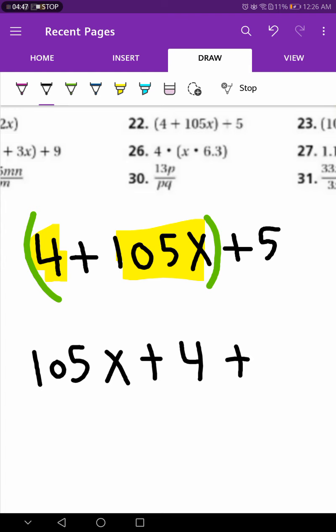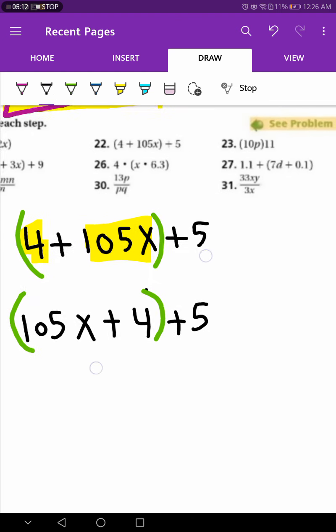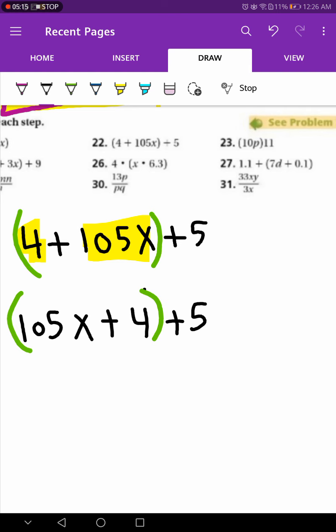by using what? The commutative property that allows me to put them near each other. Why? To simplify the expression. Now we have parentheses, we just move them, and let us write the name of this property. It is commutative property of addition.